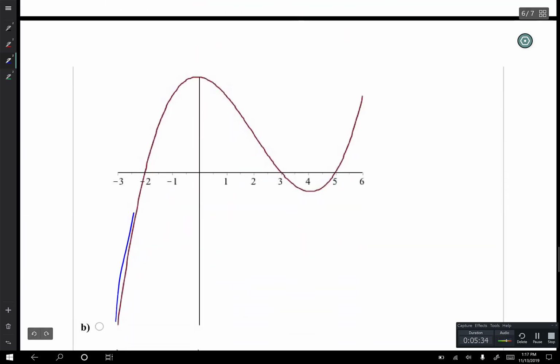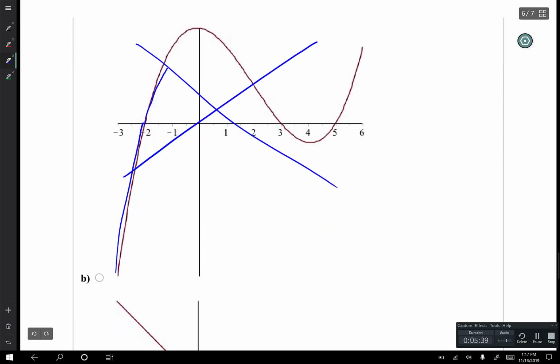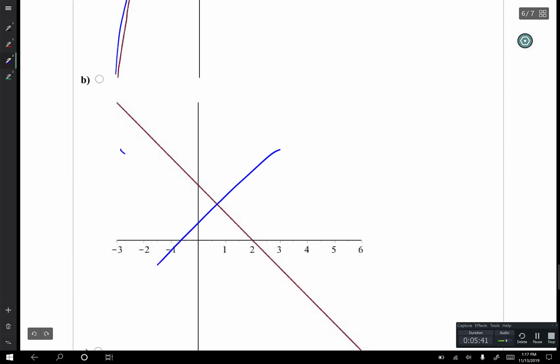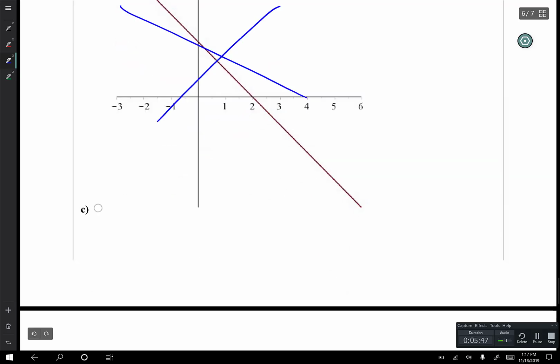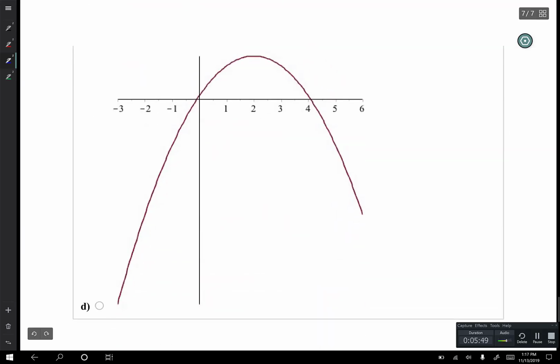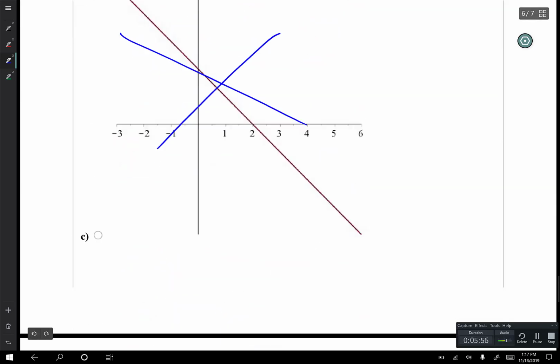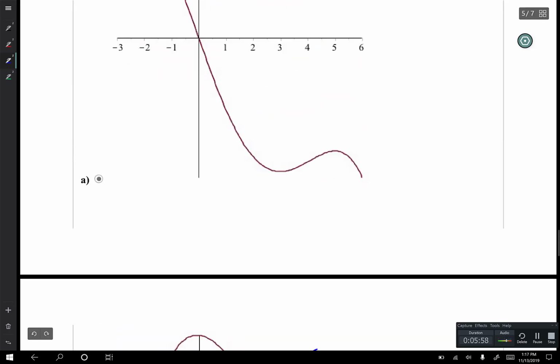This one keeps increasing, so it can't be this one. That's just a linear line. It's out because I don't have a constant f prime, like f prime negative something, negative 2, negative 3. This one keeps increasing until past negative 2. It's out. Oh, okay. So we pretty much deleted all of them but one.